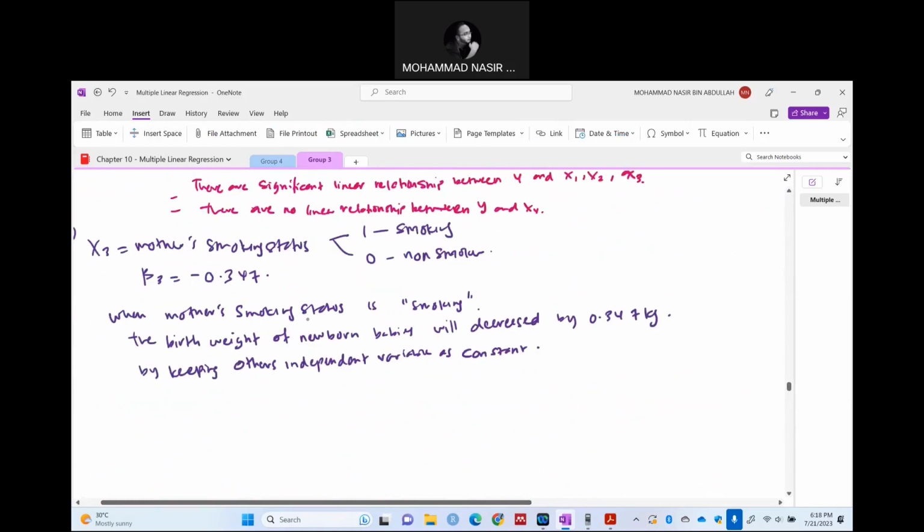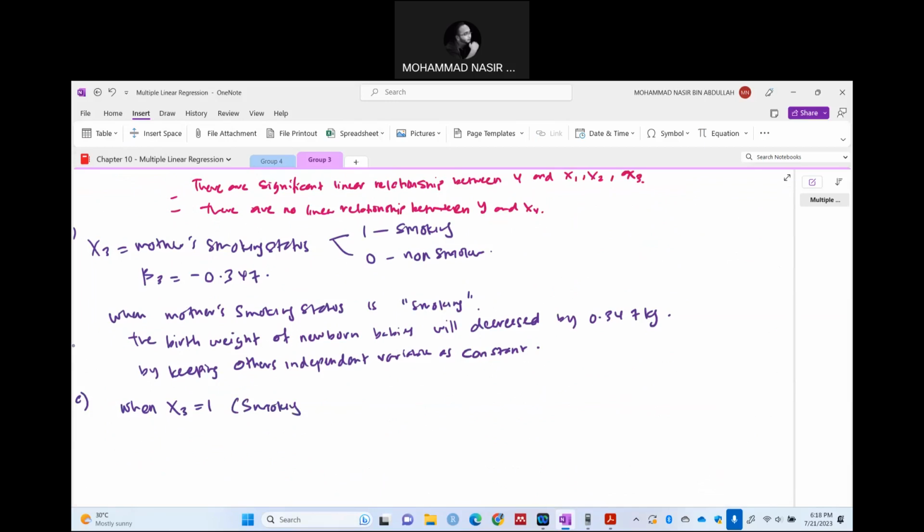So this is C, when X3 equal to 1, which is smoker, the equation is Y equal to negative 3.685 plus 0.20x1 plus 0.144x2 plus 0.003x4.